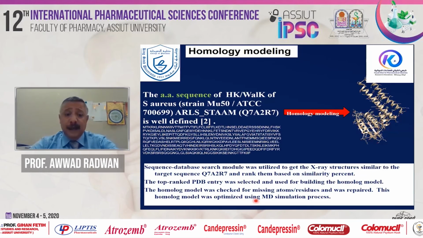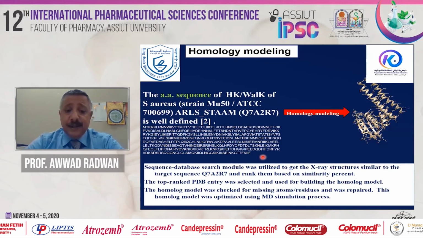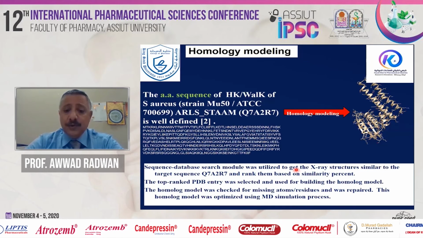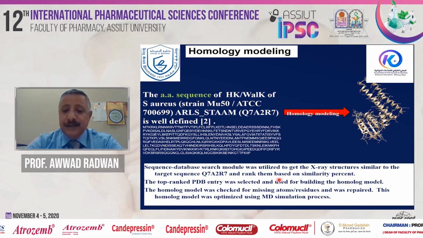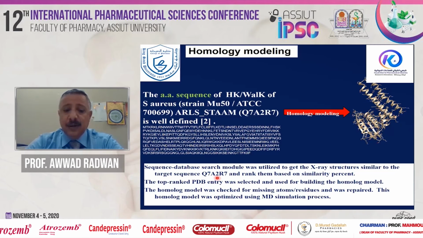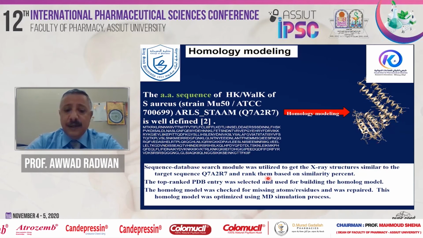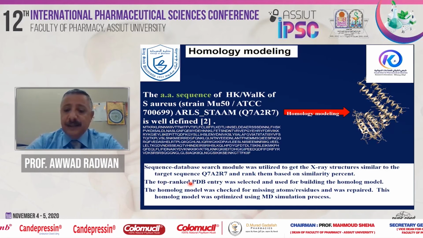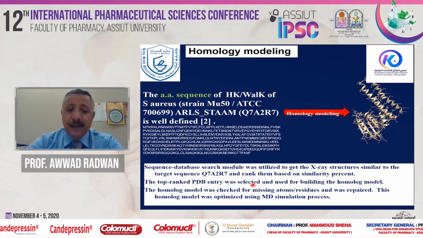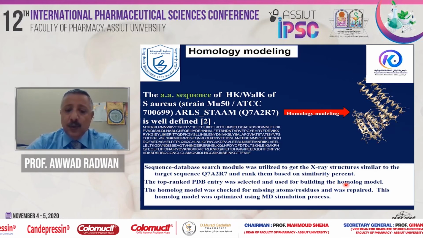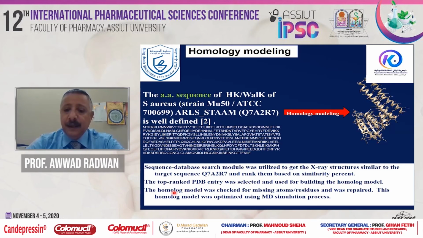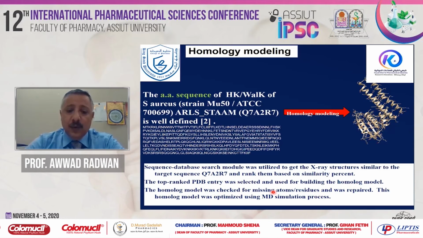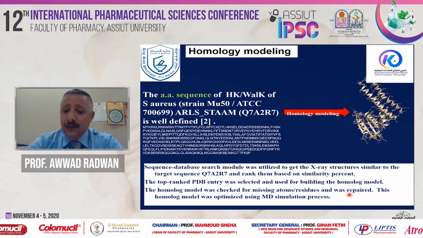In homology modeling, briefly, a sequence database search module was utilized to get the X-ray structures similar to the target sequence and rank them based on percent similarity. The top-ranked PDB entry was selected and used for building the homology model. The homology model was checked for missing atoms and residues, and was repaired.